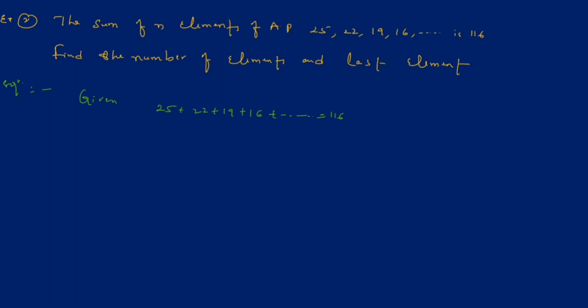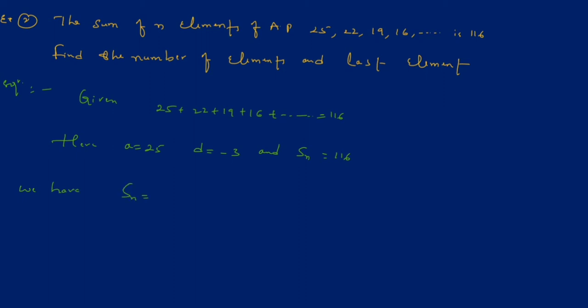So here A equals to 25. Value of D, that is the common difference between two terms, is minus 3, right? And Sn equals to 116, right?